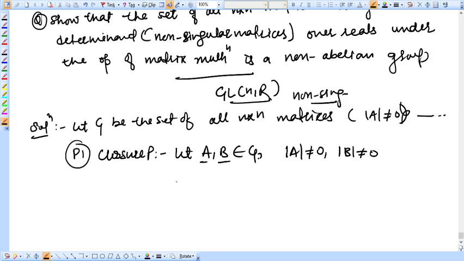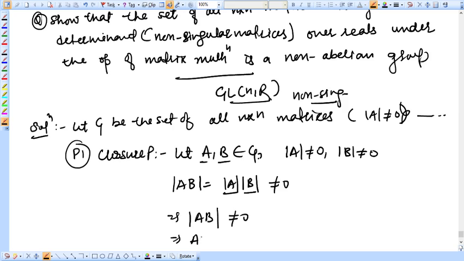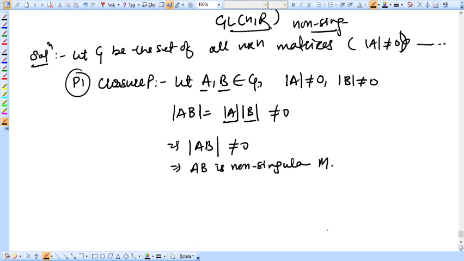Determinant of AB is always equal to determinant of A into determinant of B. Since both these numbers are not equal to 0, the product is also not equal to 0. So determinant of AB is not equal to 0, which implies AB is also a non-singular matrix, so AB belongs to G. So the first property is true.